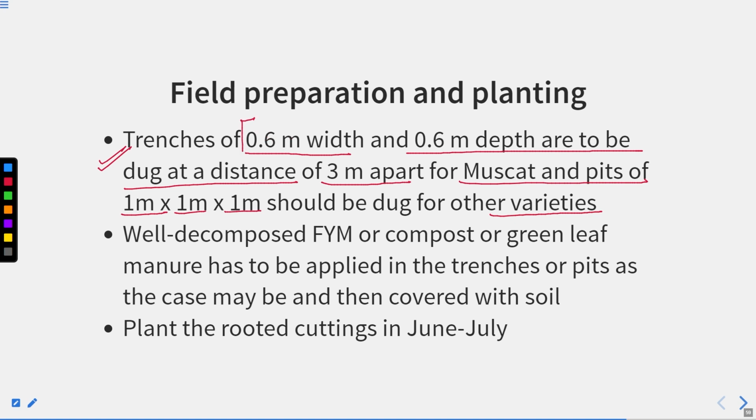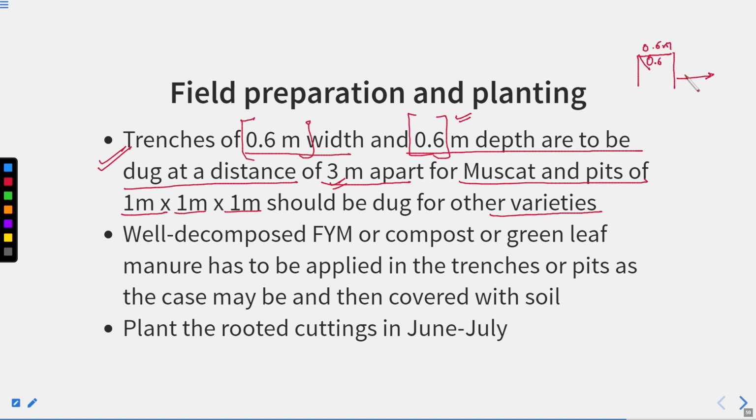So trenches with a width of 0.6 meter and a depth of 0.6 meter are to be dug at a distance of 3 meters apart. Suppose this is the width, 0.6 meter, and the depth is also 0.6 meter.